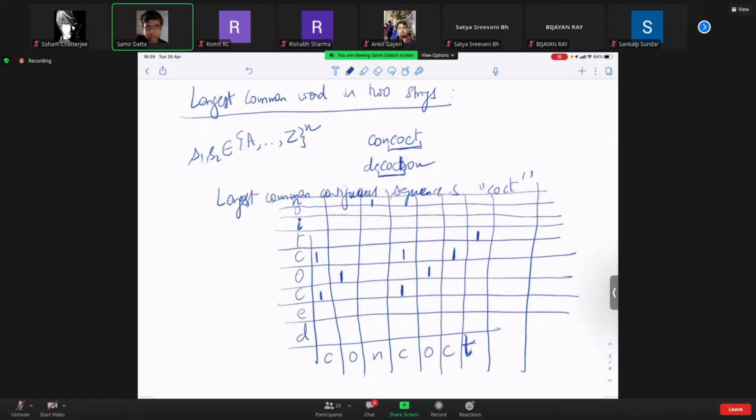So you can see that by inspection, this is the longest common word, correct? Basically, you want to find a diagonal which consists of ones, which is the longest, correct?